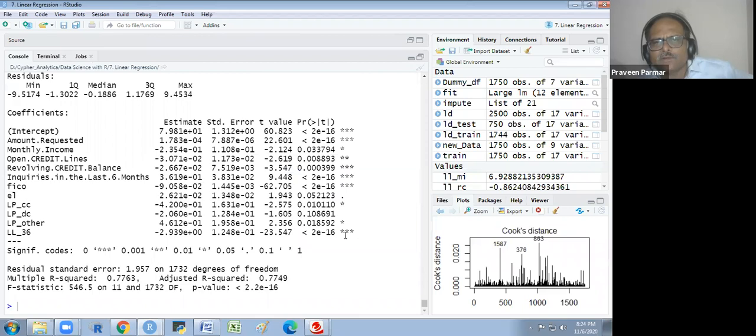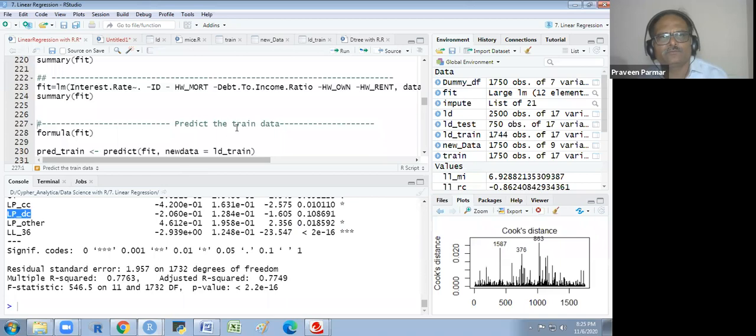And you will see now it is 10. This also we have to remove now. Okay. You improve the model a little bit. LP underscore DC, we have to remove this also. That is 0.10. So LP underscore DC will be removed.